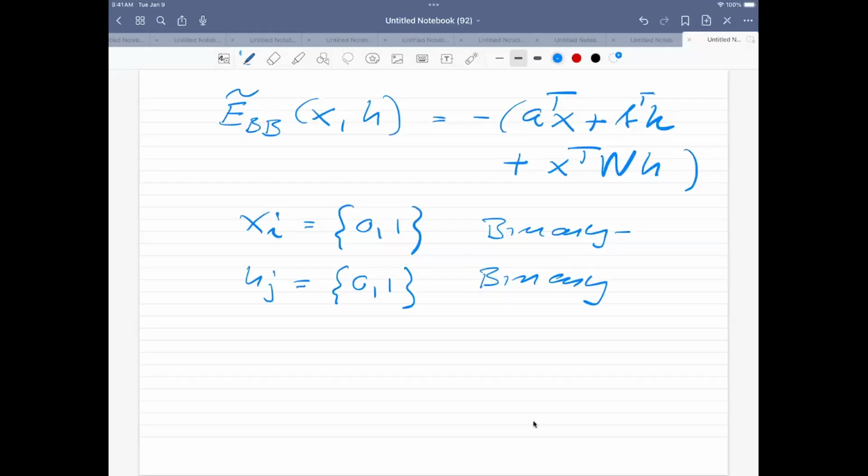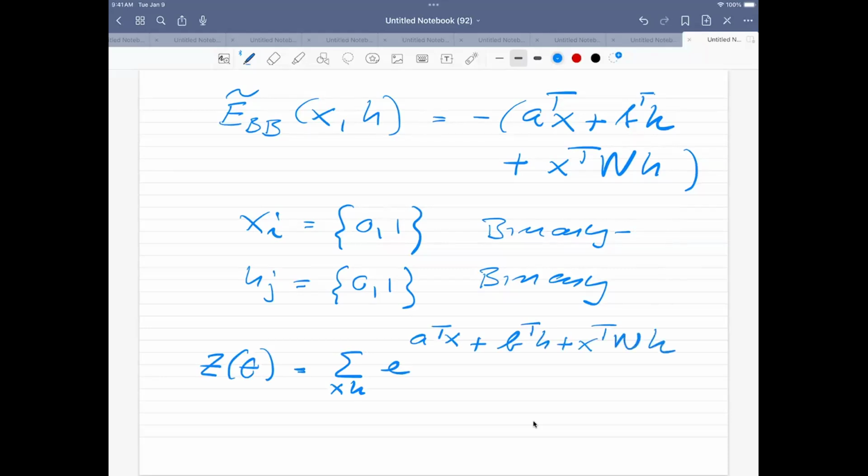So the quantity which we are interested in when we have this specific partition function, so let's just define that one. So we have a binary model. That means that our partition function is now given by a sum over x and h, and then we have e to the a transpose x plus b transpose h plus x transpose times the matrix which contains the weights and the hidden layer.